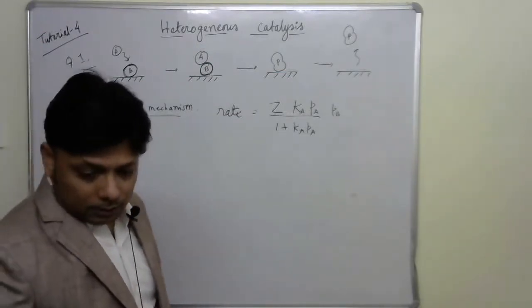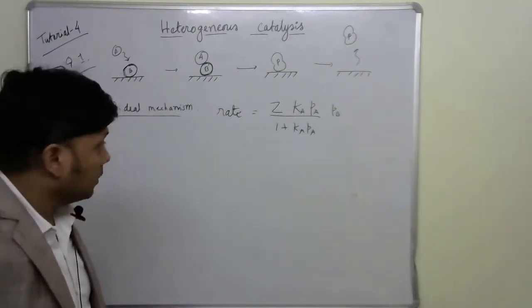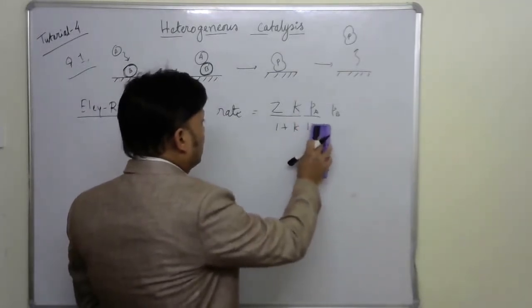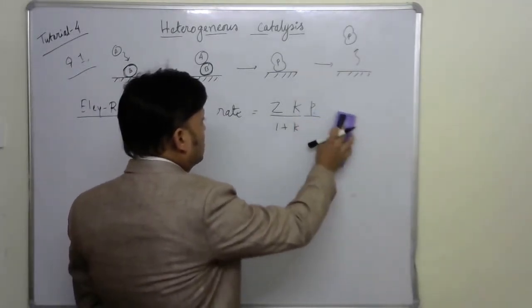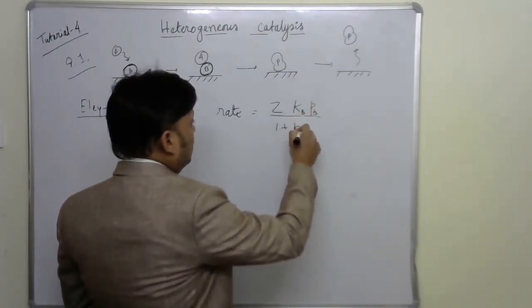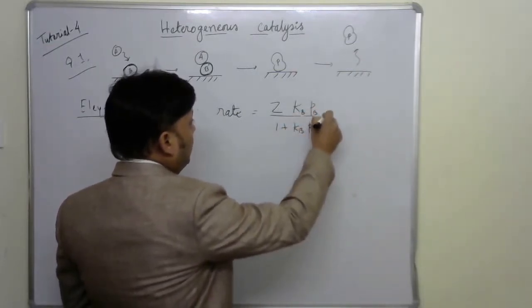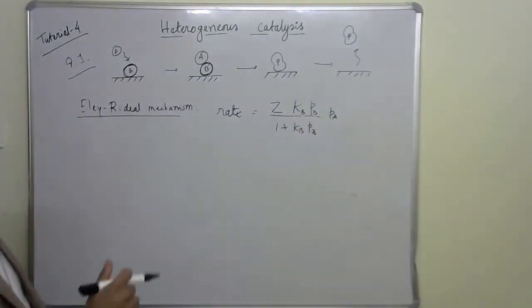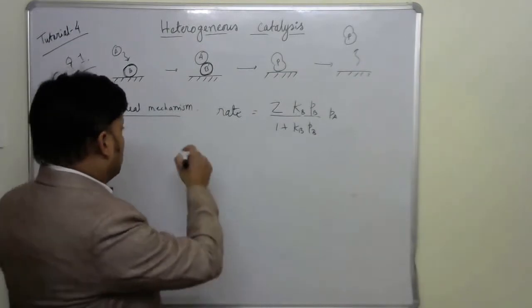Sorry, there is a little mistake here. This would be in terms of B because the gas B is getting adsorbed. So it would be like this multiplied by Pa. All right.